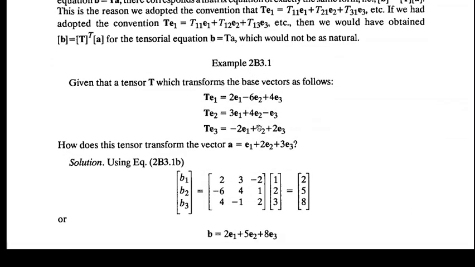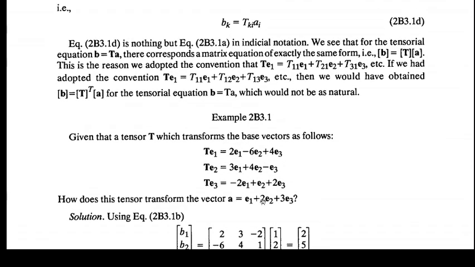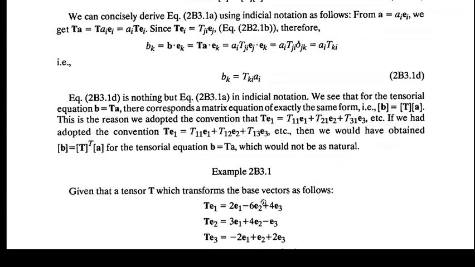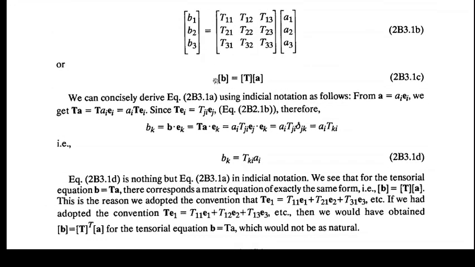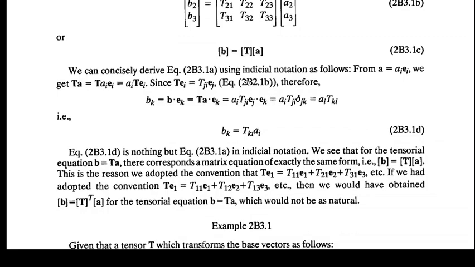Simply what we have to do, we have this a and we need only T, because we know that we have to use this equation. b is the vector which we have to calculate, this is tensor T, and this is vector a which is given, which is being transformed. Now what is T?